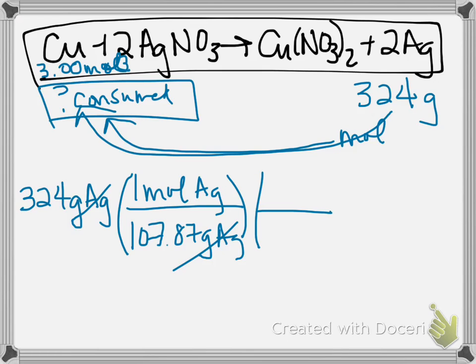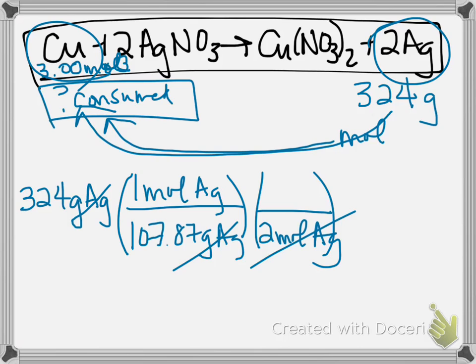So now that I've got it into moles of silver, I want to convert moles of silver to moles of copper. I'm going to use my mole ratio. For every 2 moles of silver, how many moles of copper were consumed? 1 mole of copper. Okay. So now I've converted to moles of copper consumed. So I'm going to calculate this.